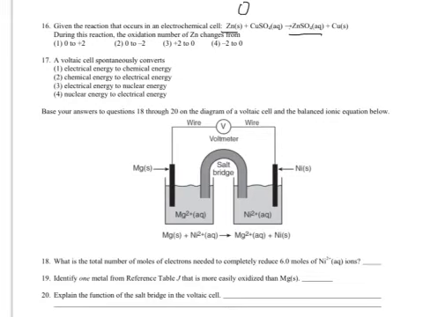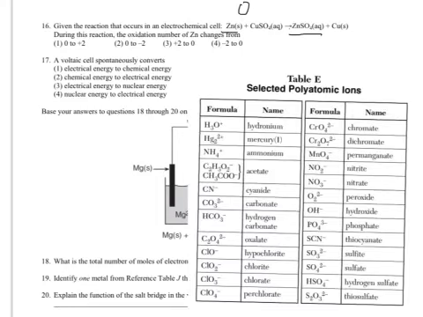Now in the product side, we see that zinc is with 2 other elements. Since this isn't binary, we should refer to reference table E to find the polyatomic ion here. On reference table E, we'll see that the polyatomic ion we're looking for is sulfate.